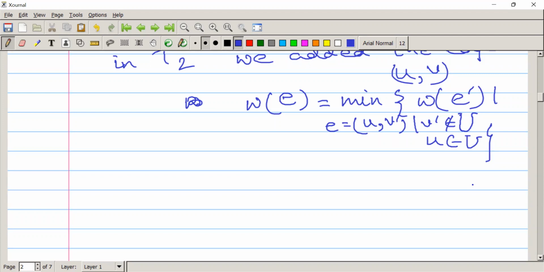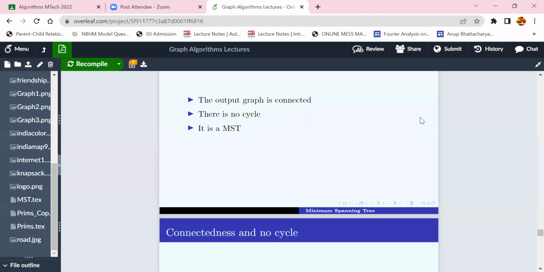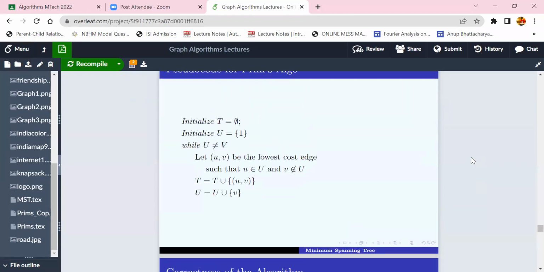U is in T, I guess. U was in T, and as well as U was already traversed, so we put it in the set U, capital U. Here, this U was traversed. Can you see my screen? Yes, ma'am.